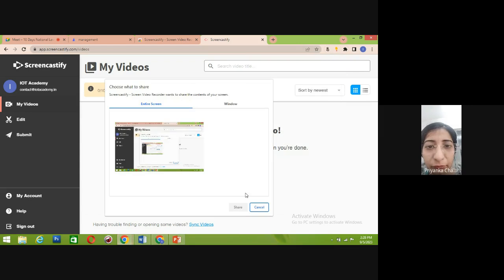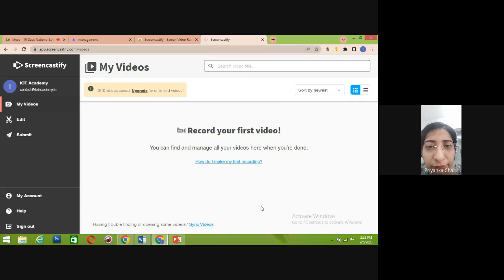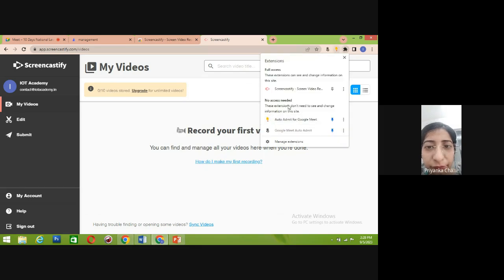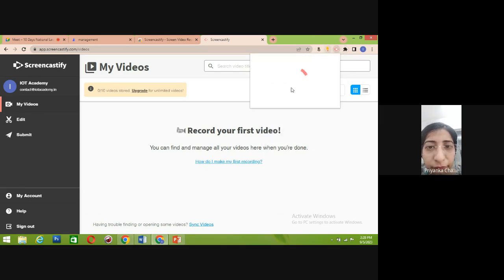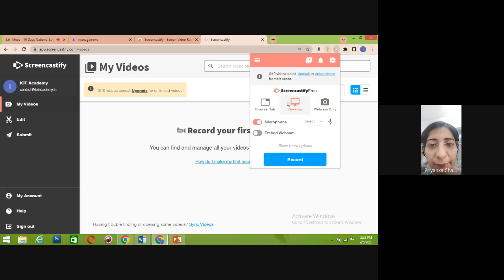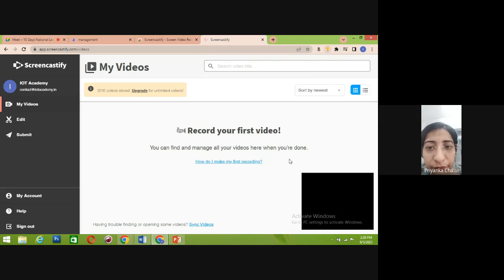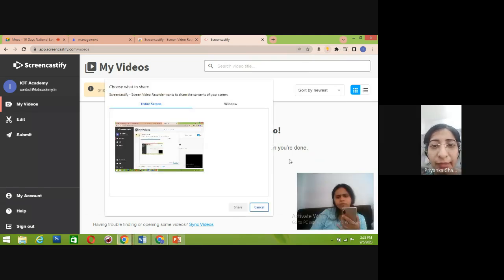Enable webcam. Oh, yes. Chalo. Share. Enable webcam and then record. Yes, see this type of, and then share.